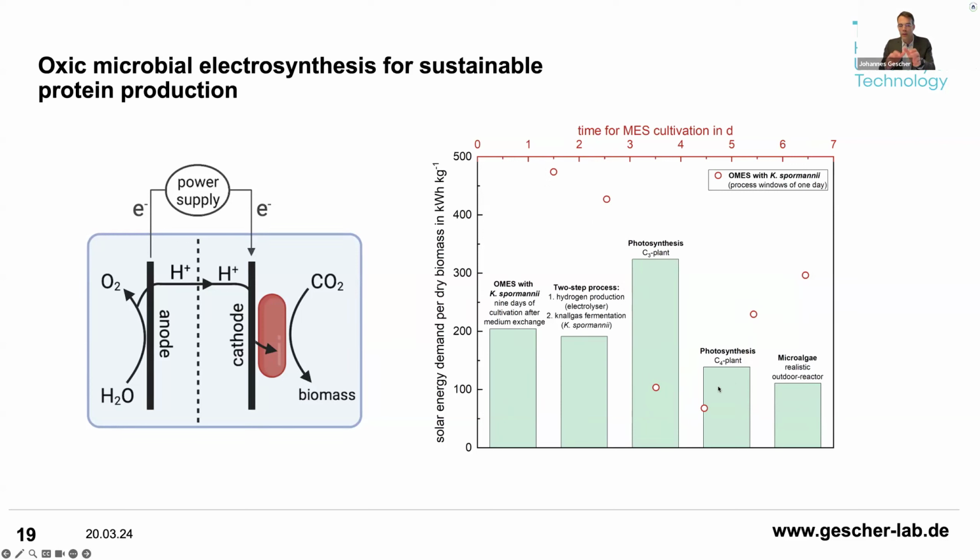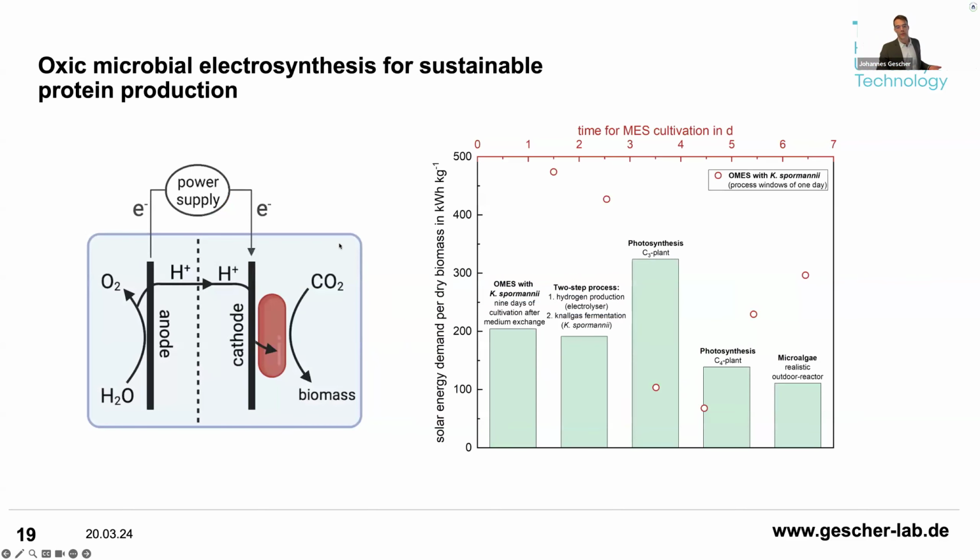And this is when the cathode area is fully covered, but the biofilm is not already too thick. So our next aim will be to scale up this process, and at the same time try to limit biofilm growth to this area where we can actually have the lowest solar energy demand.